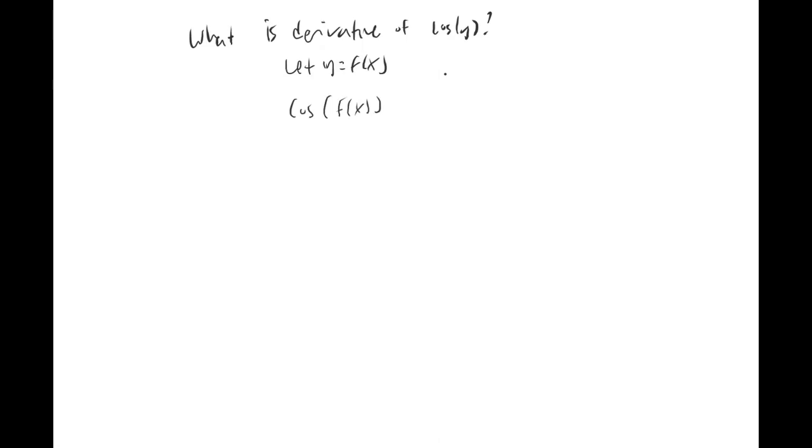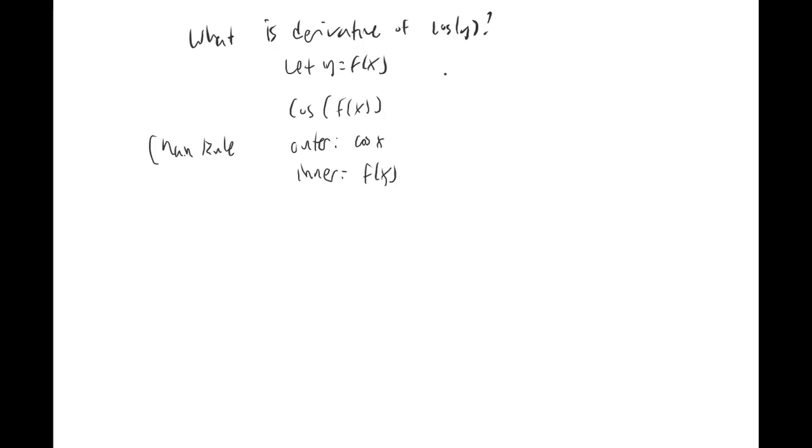So you see that this is really just chain rule. The outer function is cosine of x, and the inner is f of x. And what does chain rule say?